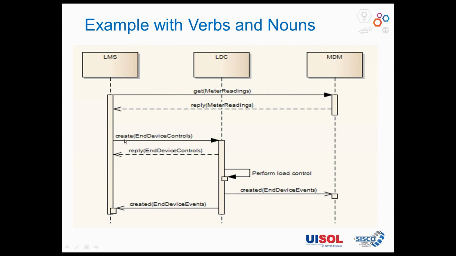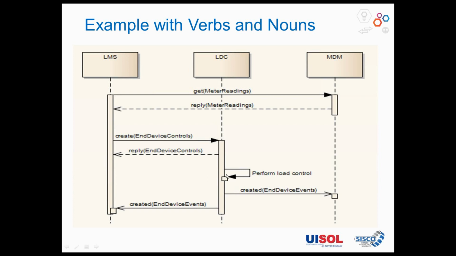The load management system may also create an in-device control message to send to the load control. And this may be a power off or a disconnect or something like that, or a reconnect. And then this is going to send a reply that yes, it has received the message.